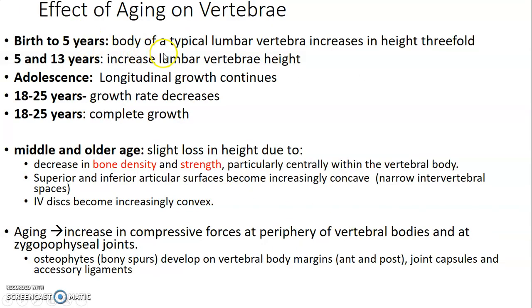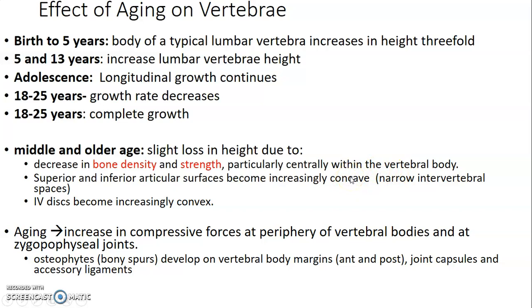What happens with age? From birth to 5 years, the lumbar vertebrae increase in height. From 5 to 13 years, they keep increasing in height. At adolescence, there is continuous longitudinal growth. From 18 to 25, the growth rate decreases, and you achieve full growth by the age of 25. But when you get to middle and older age, bone density reduces, the IV discs become increasingly convex, and the articular surfaces become increasingly concave.